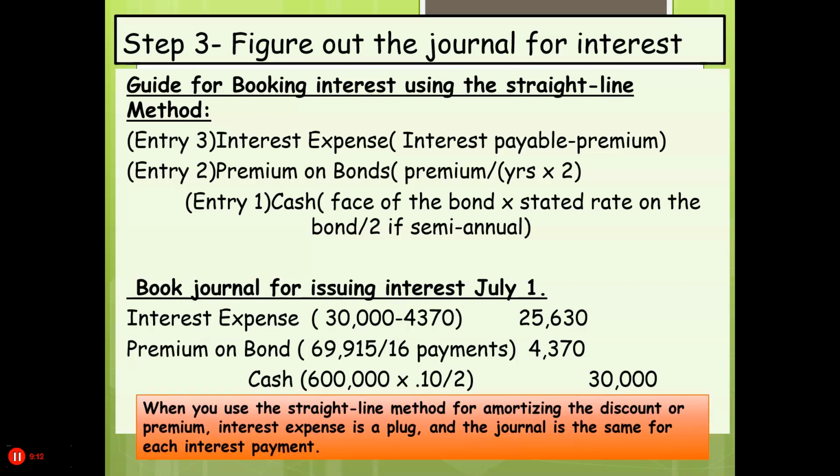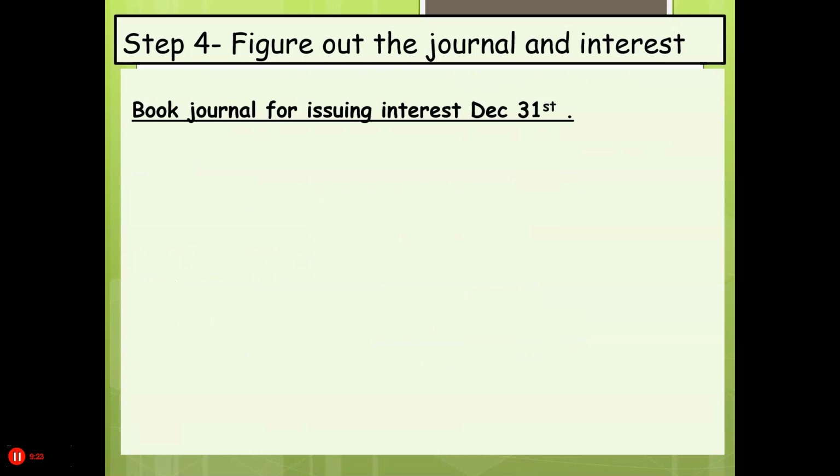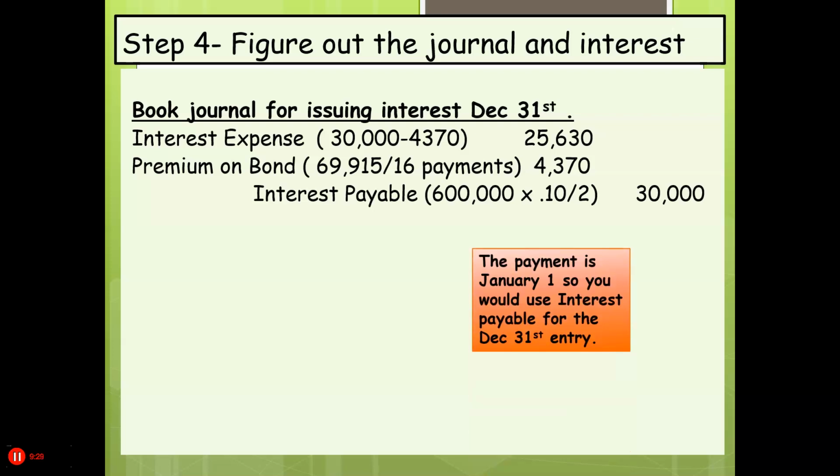And remember, this entry is going to be exactly the same every time. And when you're doing this method, interest expense is a plug. Now, what's our second journal look like? It's going to go to interest payable because the payment is on January 1st. Now, what's the carrying amount?